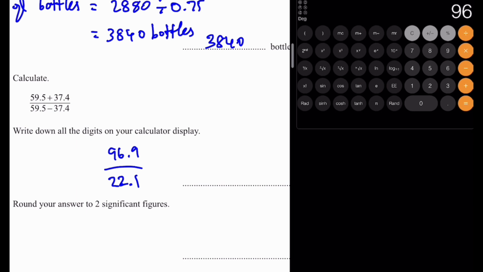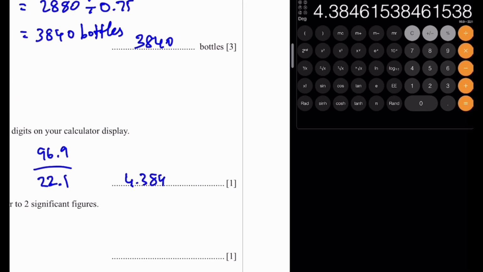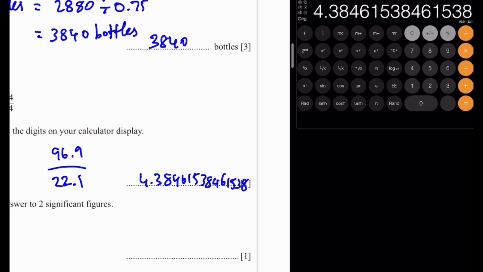And now 96.9 divided by 22.1 is equal to 4.38461538461538. In a normal calculator, there will be about 10 digits displayed. You need to write according to your calculator display. Mine is showing a much larger amount of digits than a normal calculator.